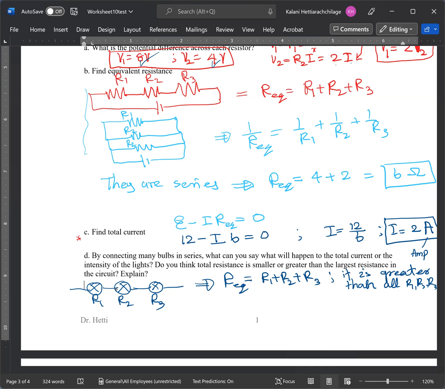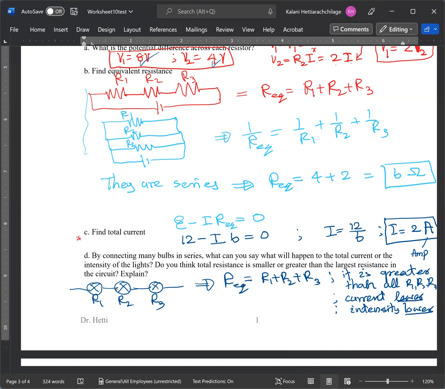What that greater means, when the resistance is greater, what will happen to the current? So what that means is current is lower. In other words, intensity is lower. When you have resistors in series or light bulbs in series, then your current will be lower and intensity will be lower.